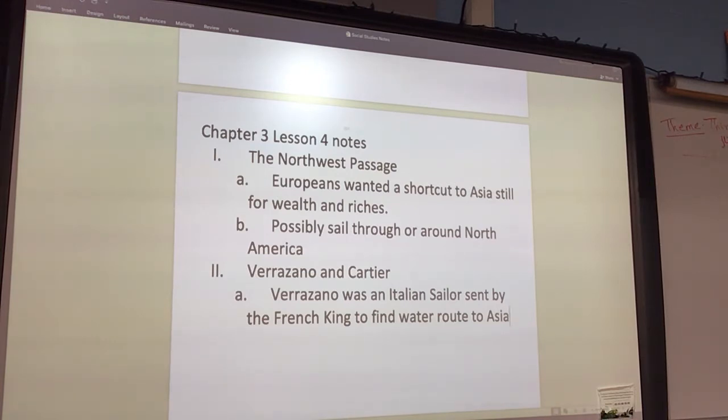Okay, anything else about Verrazano? We covered most of them. Did the French king send him to find the Northwest Passage? Right, he did, and that was that waterway. So they're trying to find that way to sail through North America to get to Asia. They're calling it the Northwest Passage because they didn't know what else to call it at that point. They didn't even know if it existed.